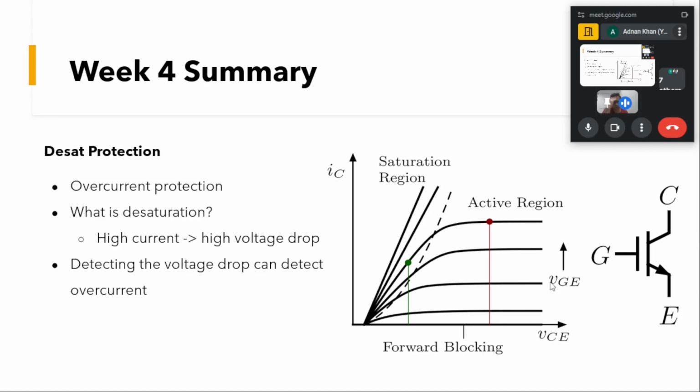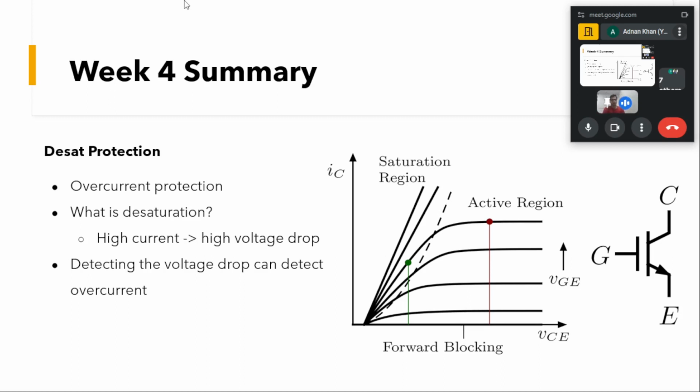If the VGE voltage is increased, we can go from the active region to the saturation region. And what we want is to operate these devices in the saturation region, as we had discussed. Usually we operate our devices in two regions, either in the off state, that is the forward blocking mode, or in the on state, in the saturation region.